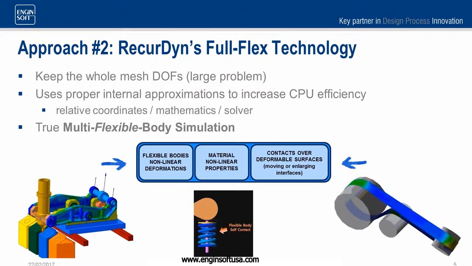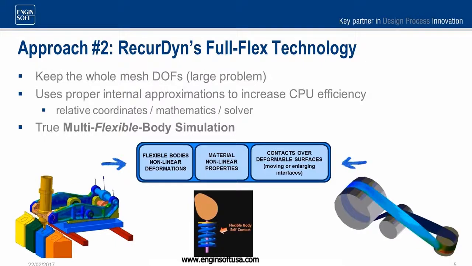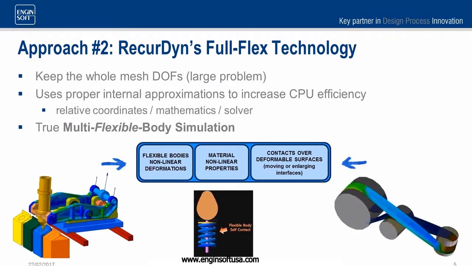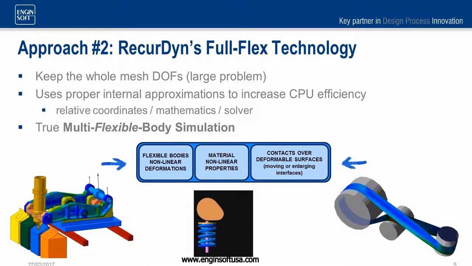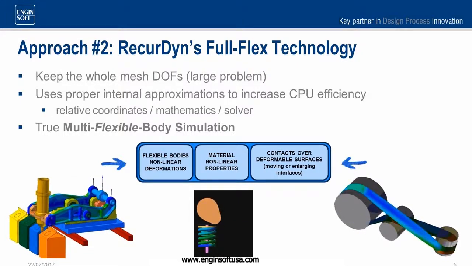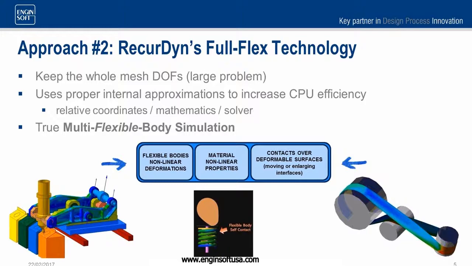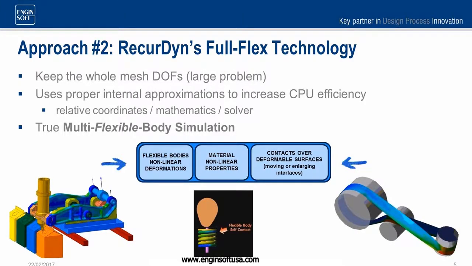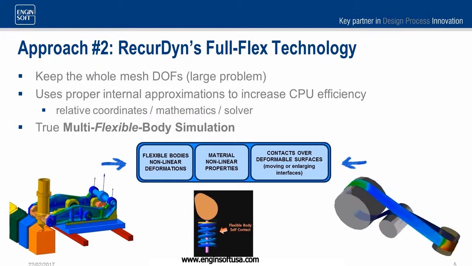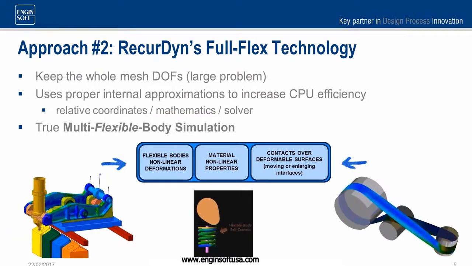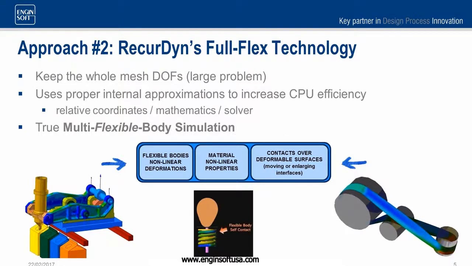So finally, with this multi-flexible body simulation, we can analyze flexible bodies with nonlinear deformations, materials with nonlinear properties, and contacts over deformable surfaces. So every kind of possible system nonlinearity.